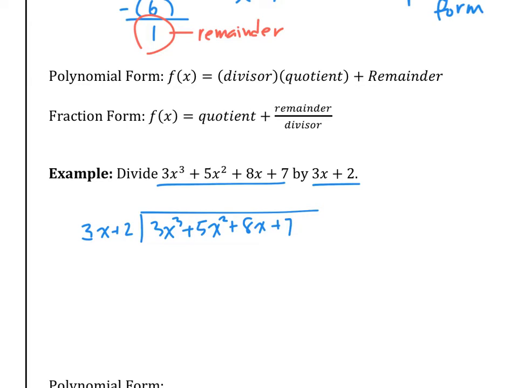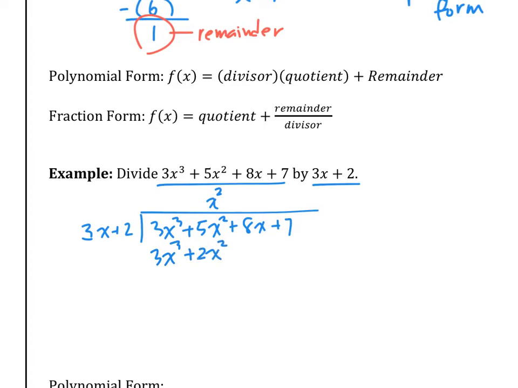That is x squared. So x squared is going to go on top of the x squared spot. Please make sure they do line up. Then 3x times x squared is 3x cubed, so put that there. 2 times x squared is 2x squared, so that goes here.